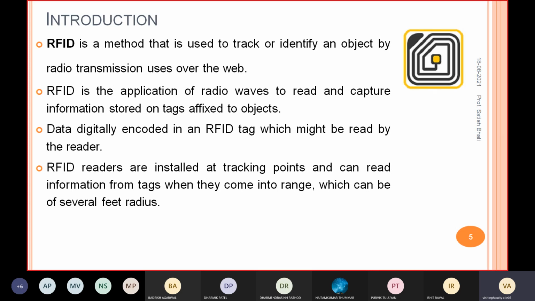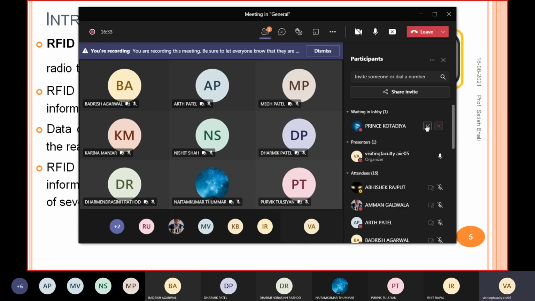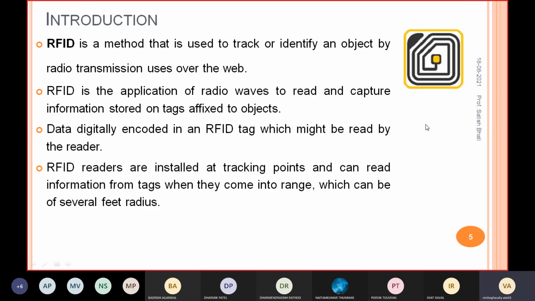So here, this RFID identity system is definitely using radio frequency waves, but this wave has some limited range. So there should be communication between your reader and the tag.